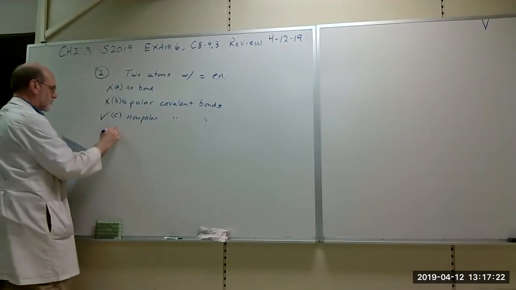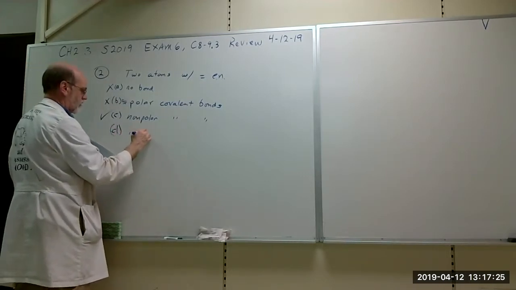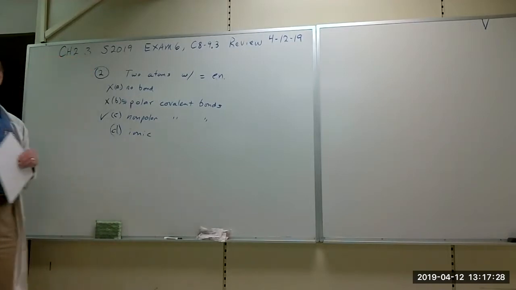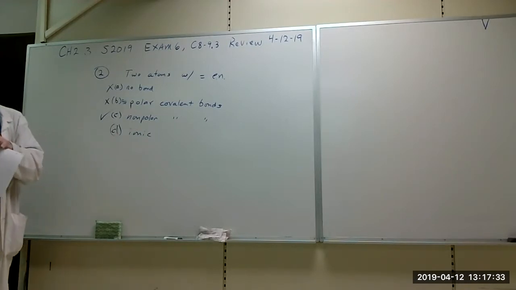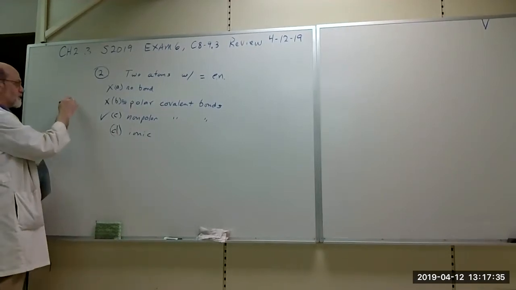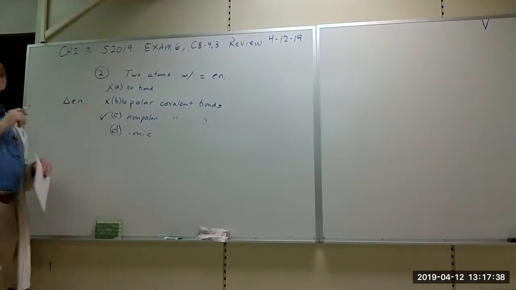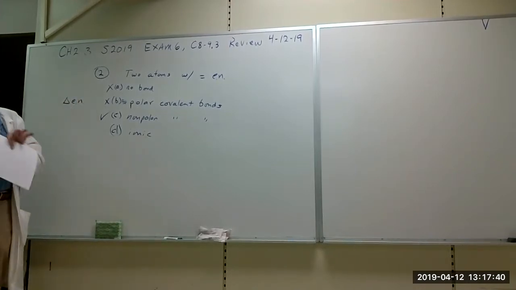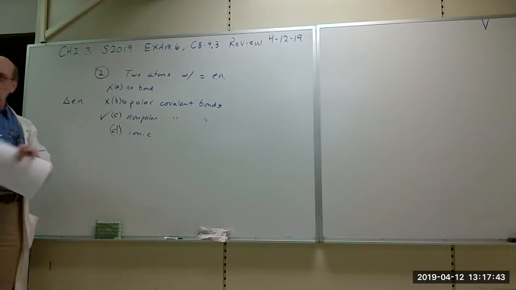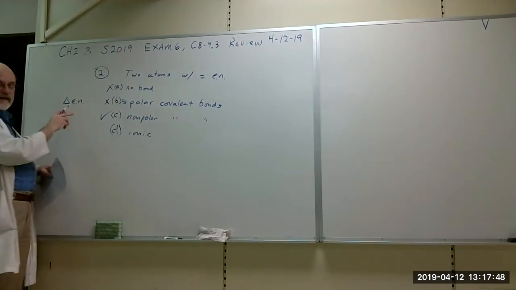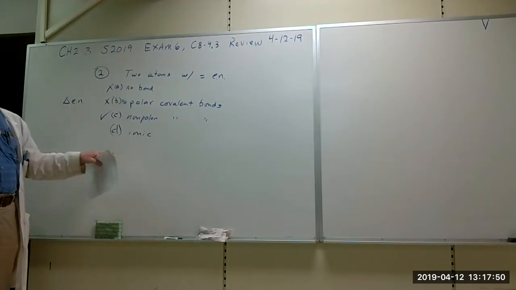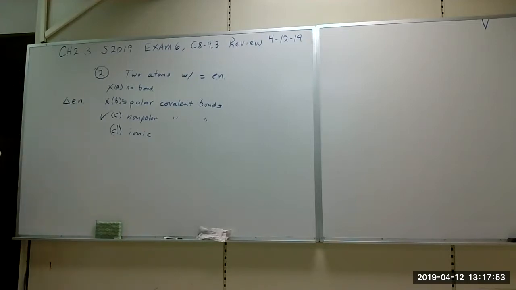D is ionic. What do you need to have an ionic bond? We didn't talk about specific values, but the difference in electronegativity determines whether it has a largely ionic character or largely covalent character. So when this one gets really big, you can have an ionic bond. And you'll see that with one atom from the left-hand side of the periodic table, and the other from the right-hand side.